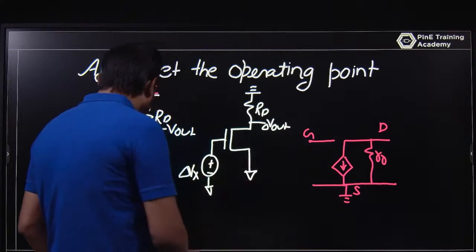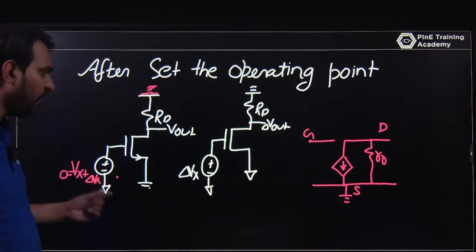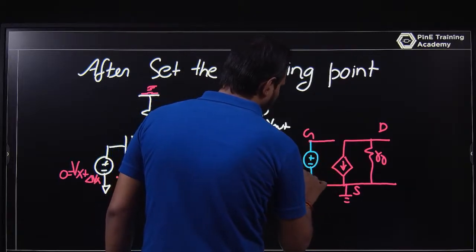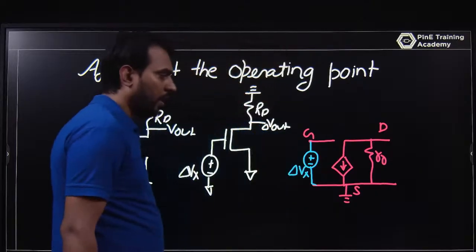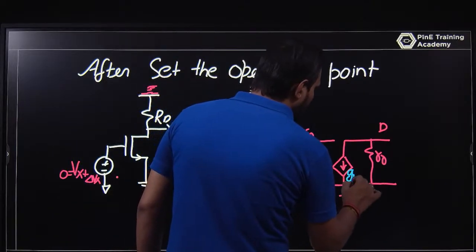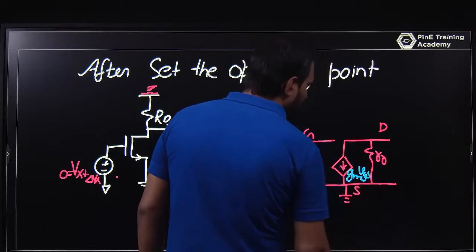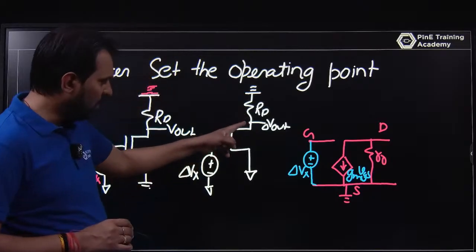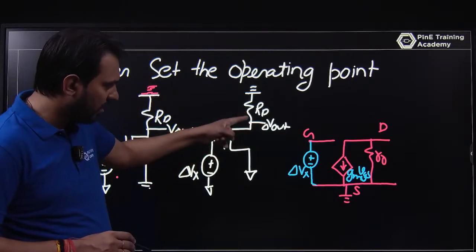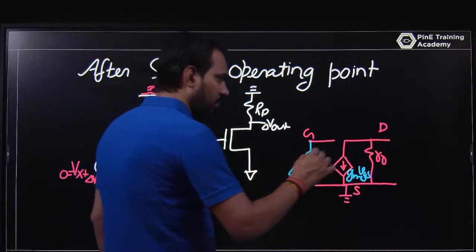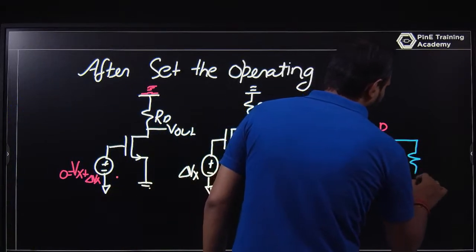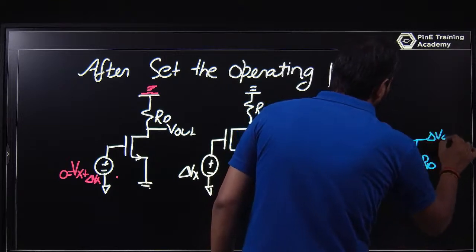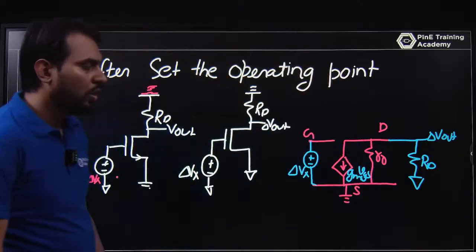You have a gate voltage that is delta Vx, so I am providing delta Vx here. This is your gm VGS, and the source is grounded. At the drain side, you are talking about delta Vout, and with Vout you have an RD. So you have an RD to ground, and here you are talking about delta Vout. So this is your small signal model.